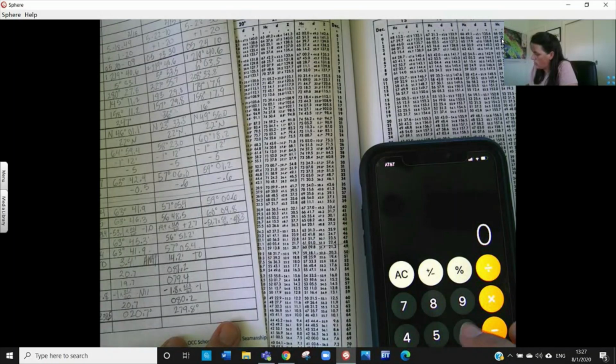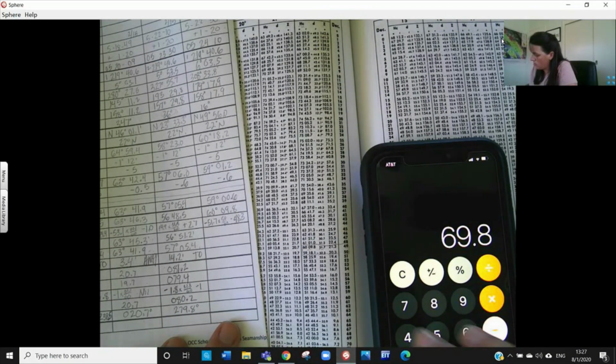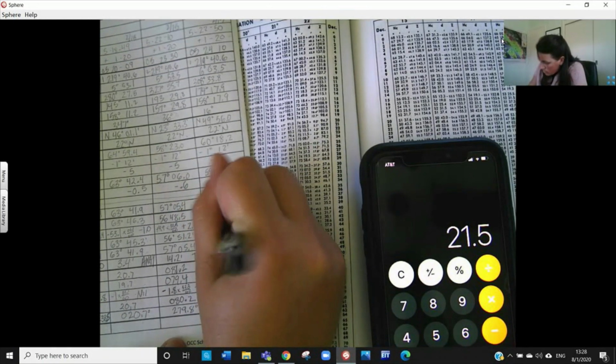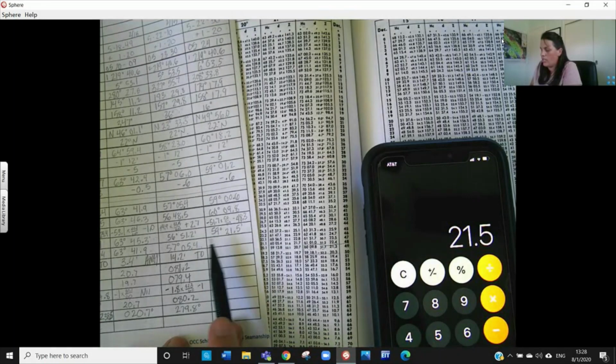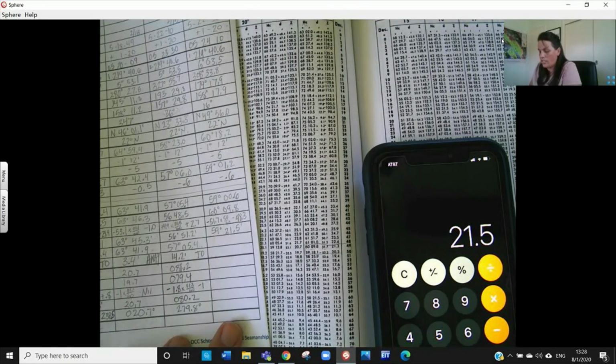So I'm going to do 69.8 minus that, which gives me 59 degrees, 21.5 as my HC.